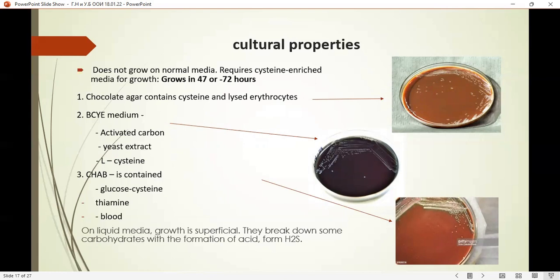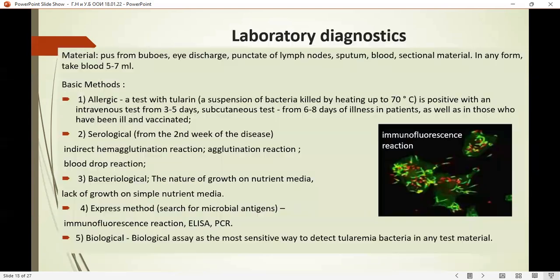Francisella tularensis forms round gray-white colonies on these two media. CHAB medium contains glucose, cysteine, thiamine, and blood. Francisella tularensis produces greenish-white, round, smooth S-shaped colonies on this medium. On liquid media, growth is superficial. They break down some carbohydrates with the formation of acid and form H2S.